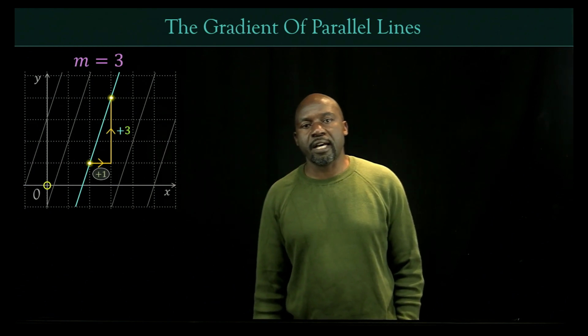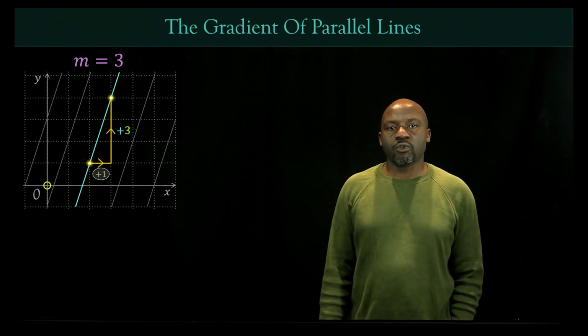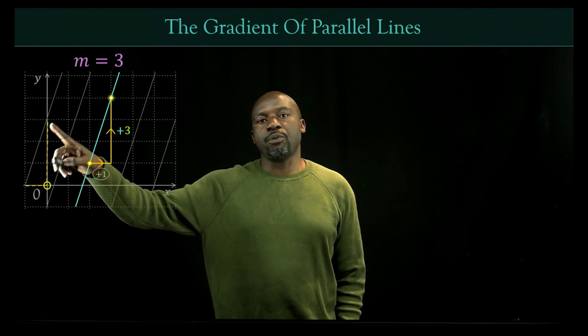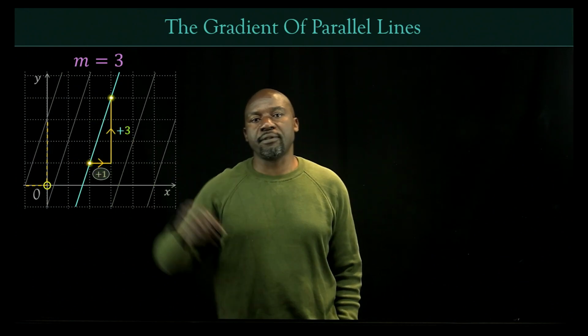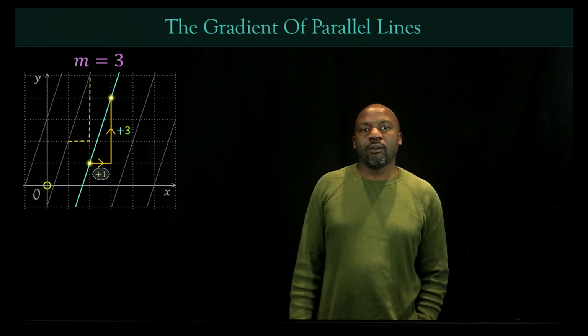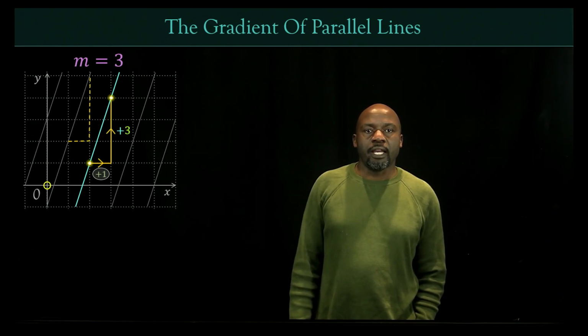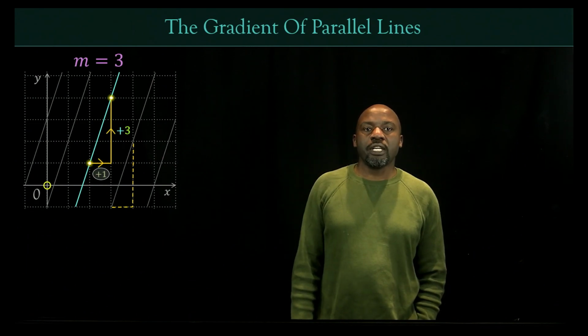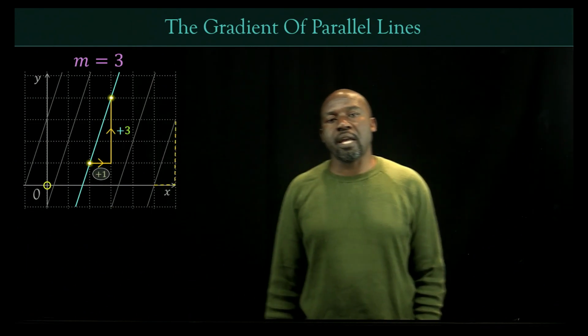Look at the dotted line I'm drawing now. For the first one there, you can see that you have one step resulting in 3 steps. If you pick another point, it should repeat itself the same way. If you look at the second line there, the same applies. Look at the third line on the other side of it, and the same rule will apply. Because of this, we conclude that parallel lines have the same gradient.